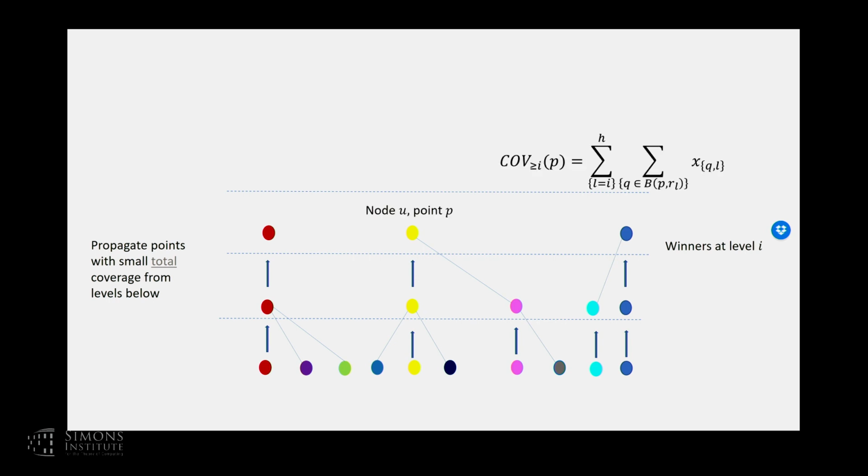For any point P, I know that the sum from 1 to H of the coverage is at least 1, and this is summing from i to H. So this is the coverage that point P gets from balls of radius R_i and smaller. Among these points, whoever has the smallest coverage is the one who propagates up. For example, in this picture, maybe these are the coverages from below. The one which has the smallest coverage below, the red one, will be the winner.